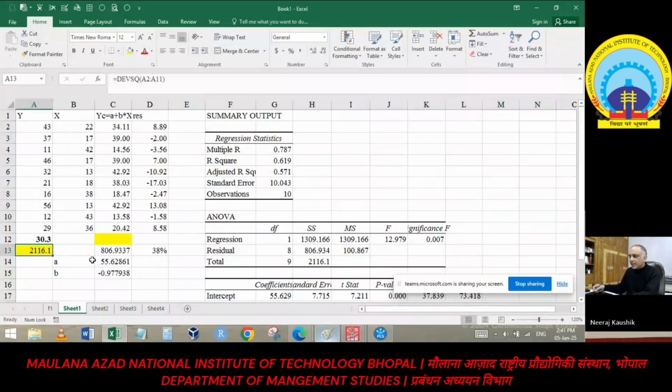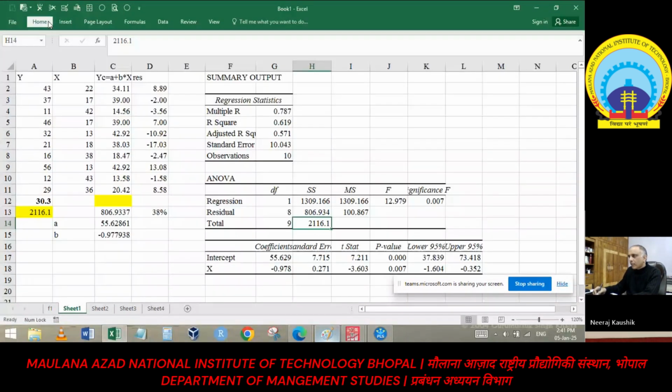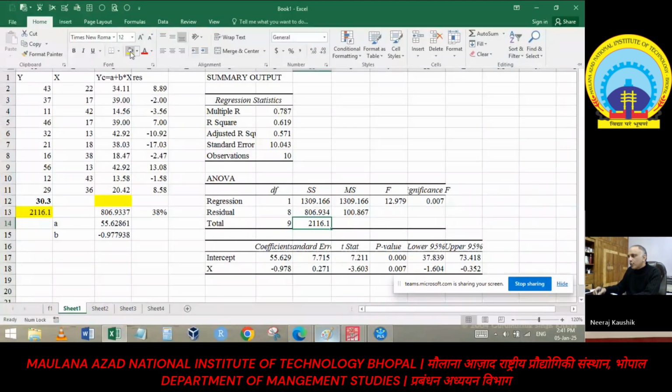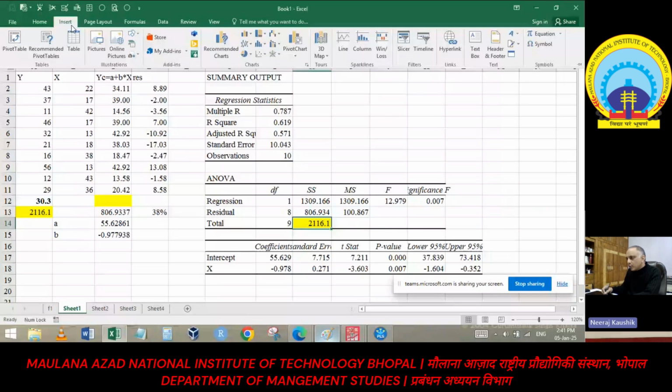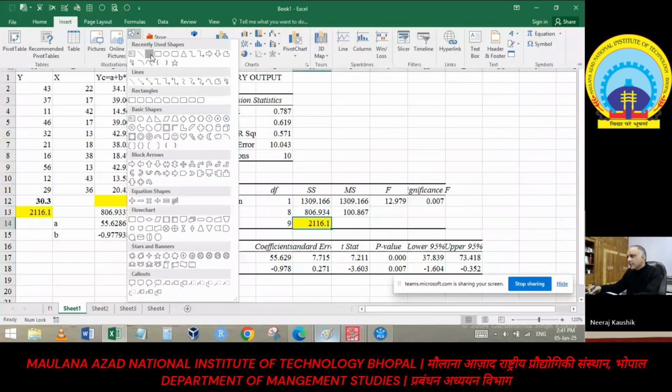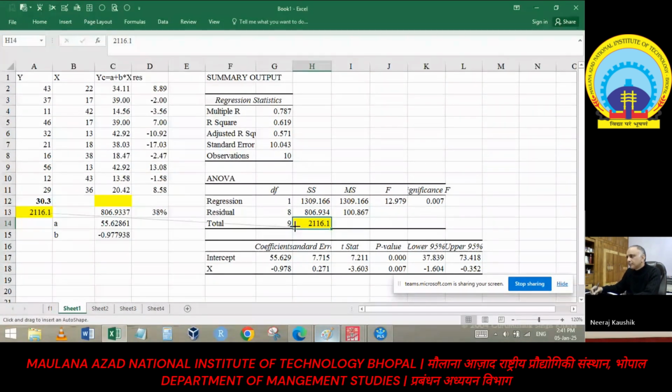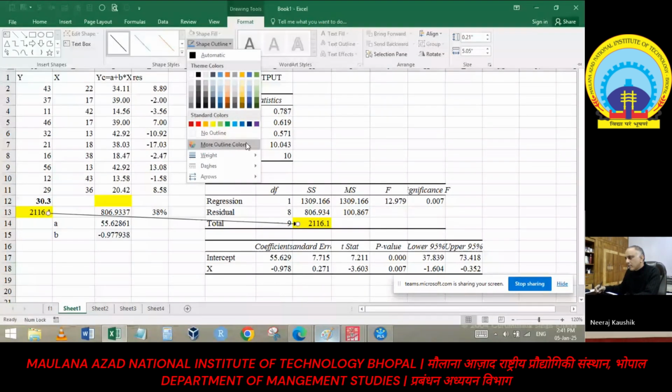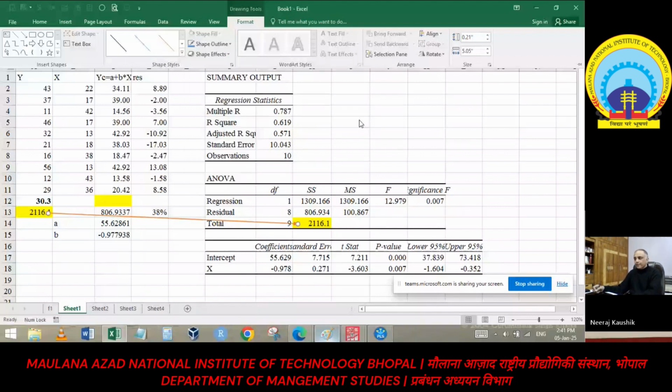What is this 2116? Check this number out. Are you able to connect this? 2116. What is 2116? 2116 is the total amount of variation.